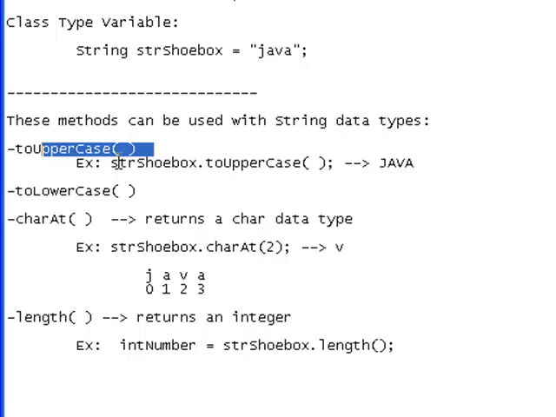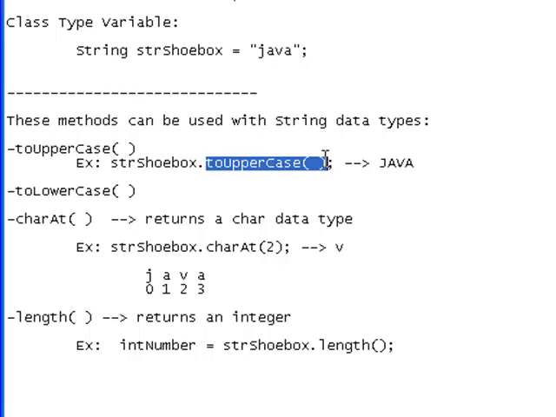So you'd say str_shoebox.toUpperCase, and it would take whatever's in the str_shoebox variable, so Java in lowercase, and it would then return this right here. Return the string of Java all uppercase.